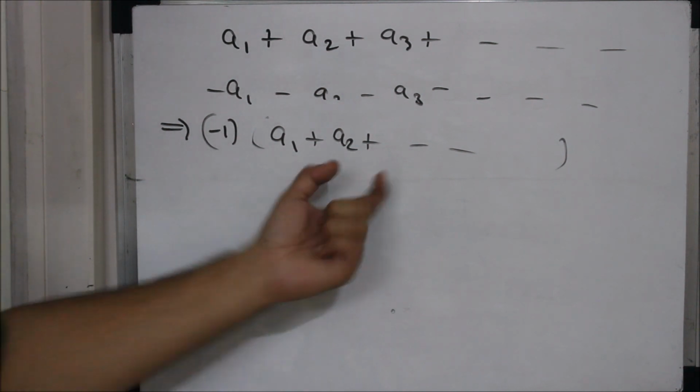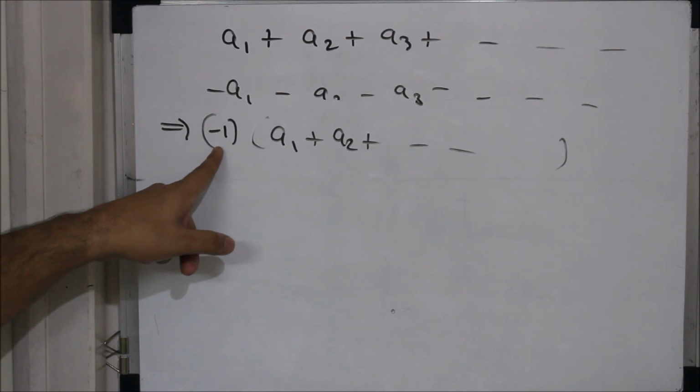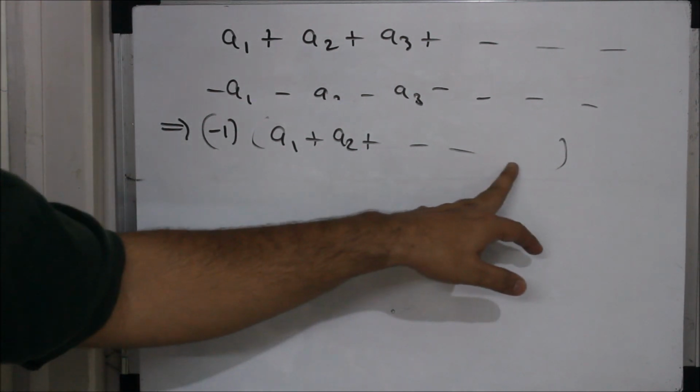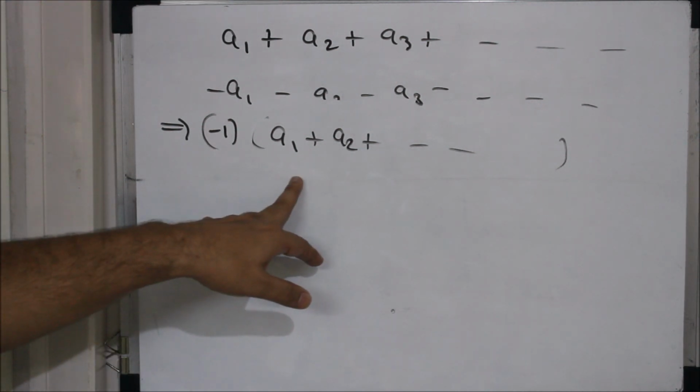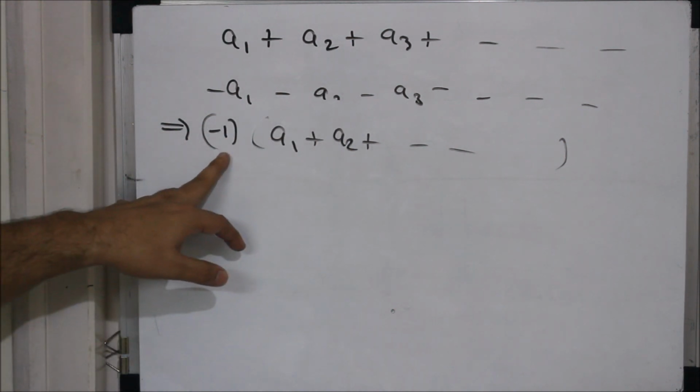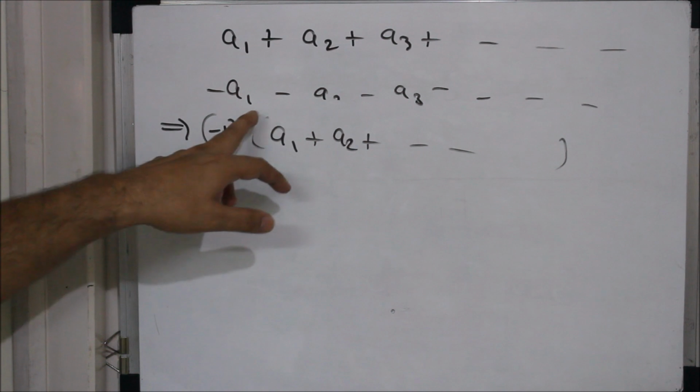Whatever the nature of the series is, multiplying by -1 doesn't change it. We saw the arithmetic operations on series: if a series is convergent, its scalar multiple is also convergent, therefore this will be convergent. And if this is divergent, then its non-zero multiple is again a divergent series, so this will be divergent.